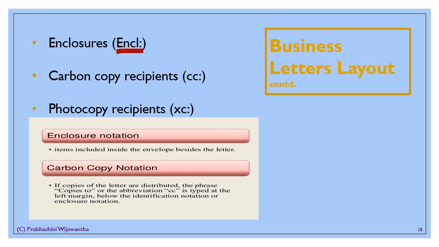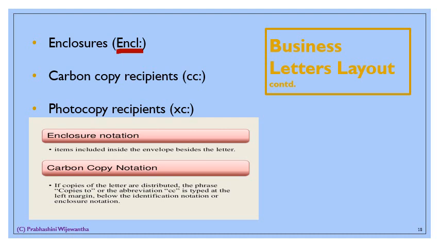Sometimes you write a letter to the Vice Chancellor with a carbon copy to the Chief Security Officer of the university. So in that case, you send them a carbon copy. That's a CC. So what you do is you put CC like that and mention the names of the people to whom you have sent this letter.